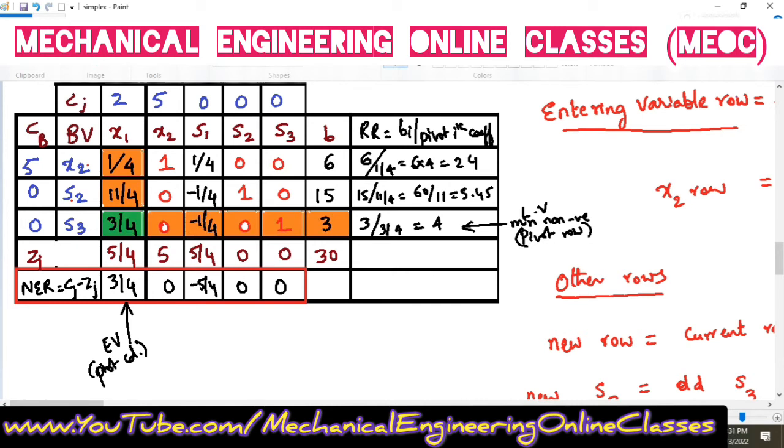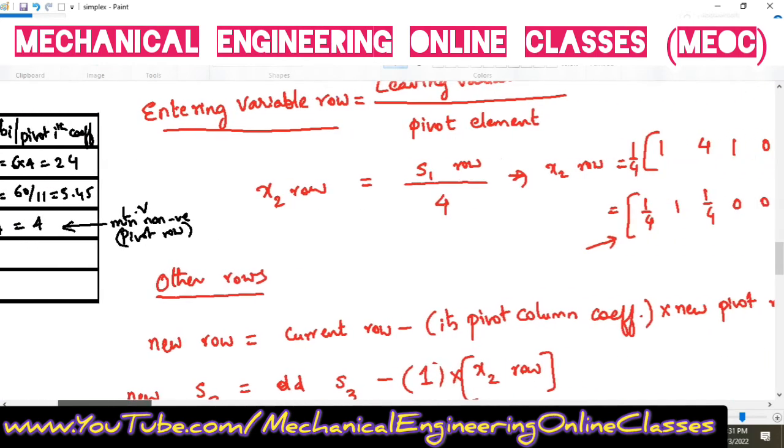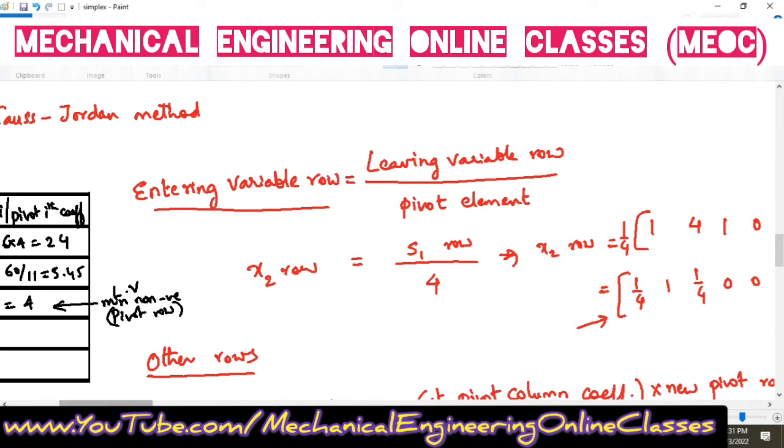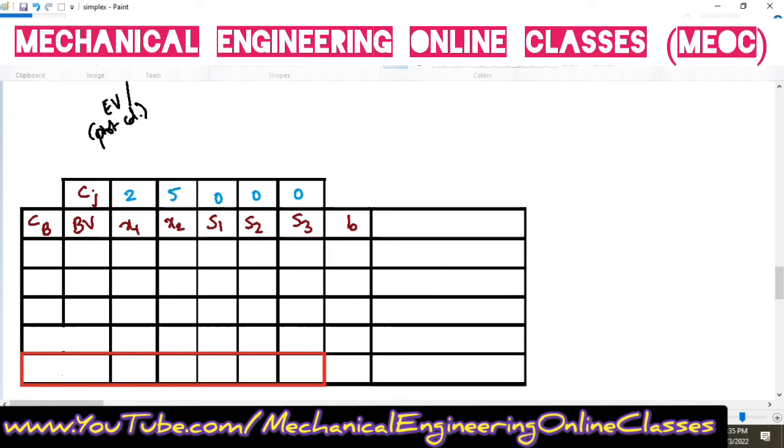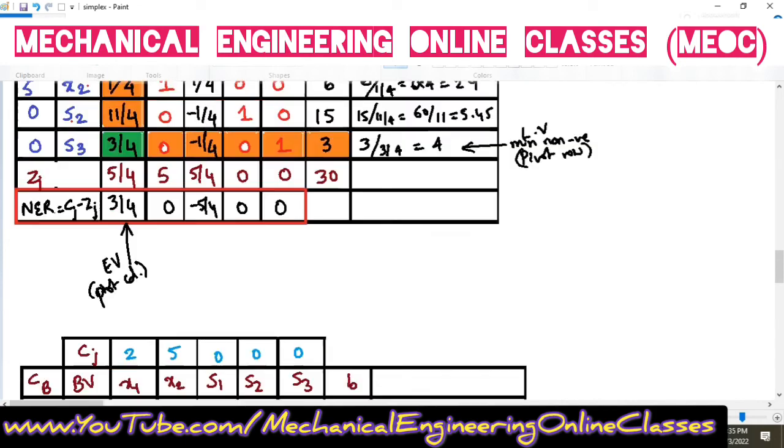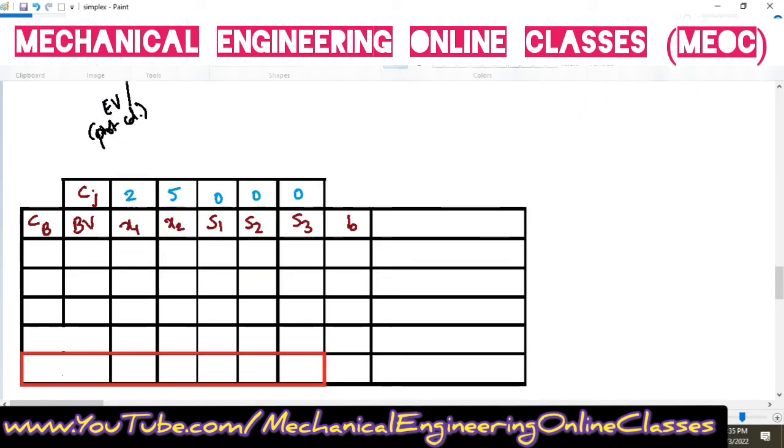Now we have to write the next table, a modified simplex table, in the same fashion using this formula. First we will write the entering variable row as the leaving variable row divided by the pivot element. Let us see that. Now what is our basic variable set? x2 is as it is.